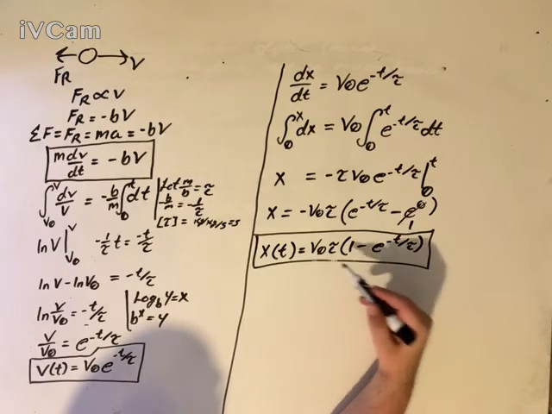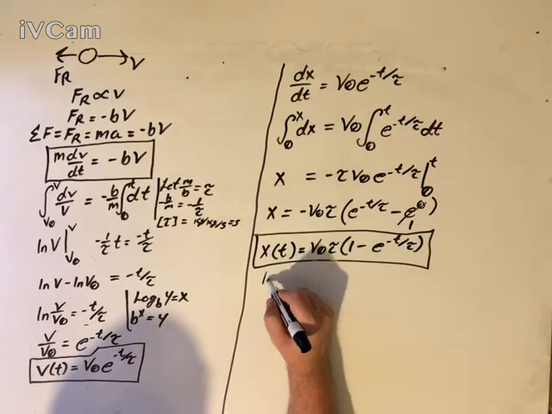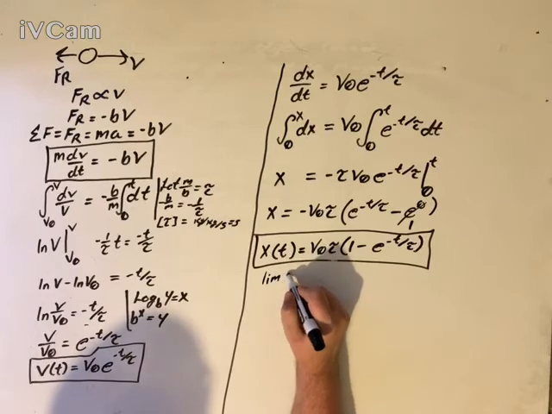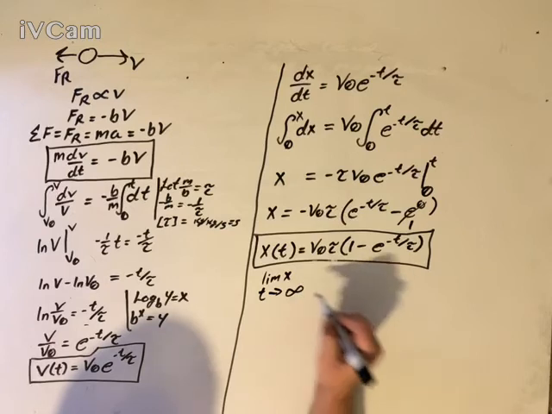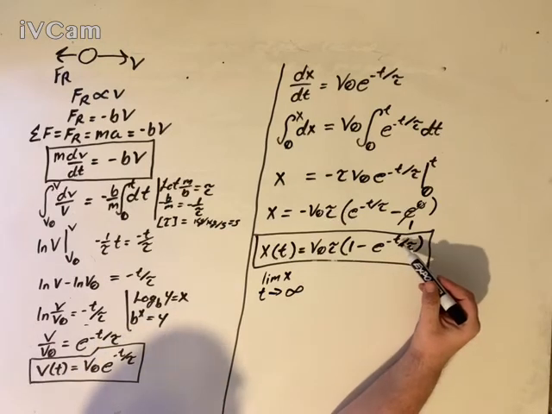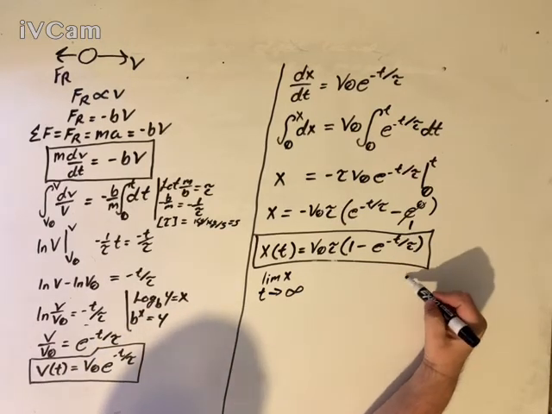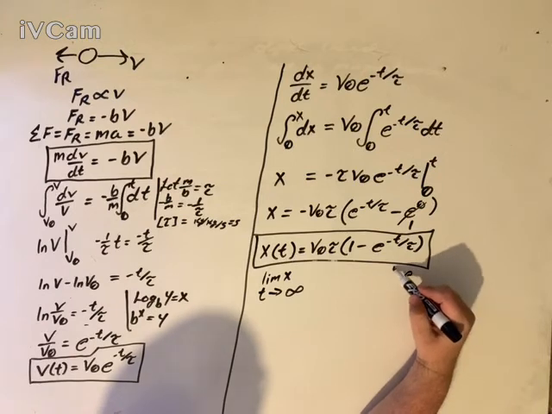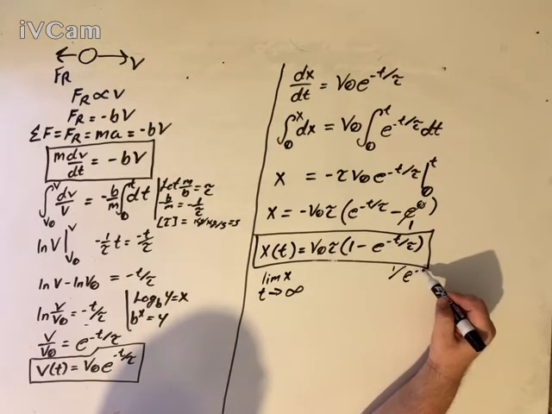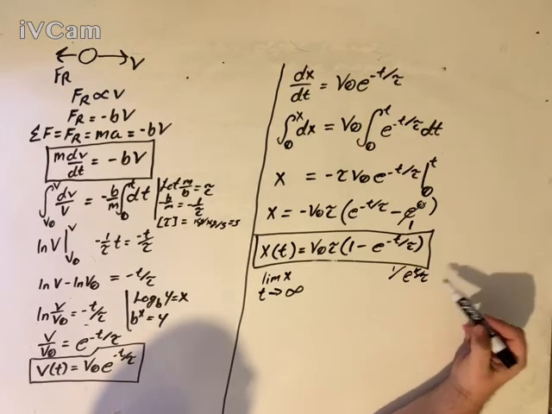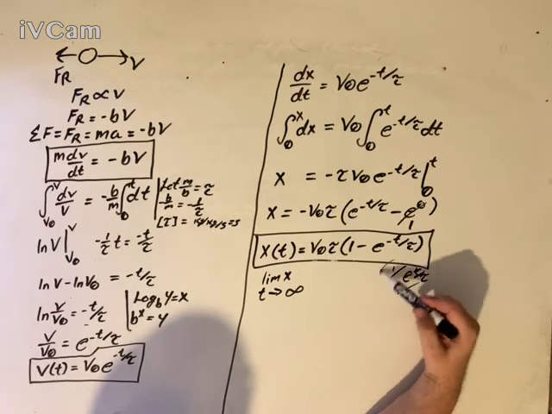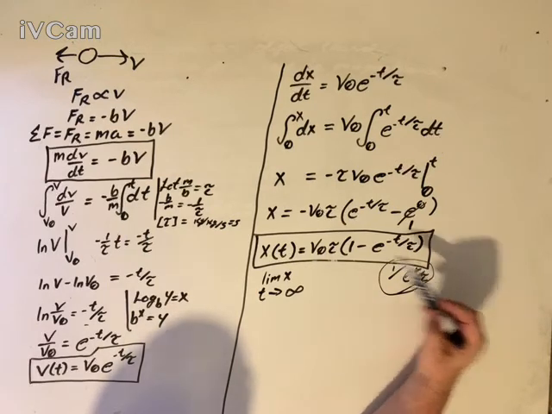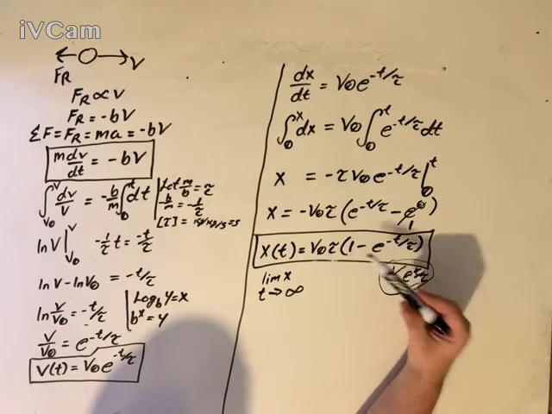To find out how far this goes, let's take the limit of x as time approaches infinity. Well, this is 1 over e to the t over tau. Tau is a constant. As t goes to infinity, this value right here becomes 0. So this value in parentheses just becomes 1.